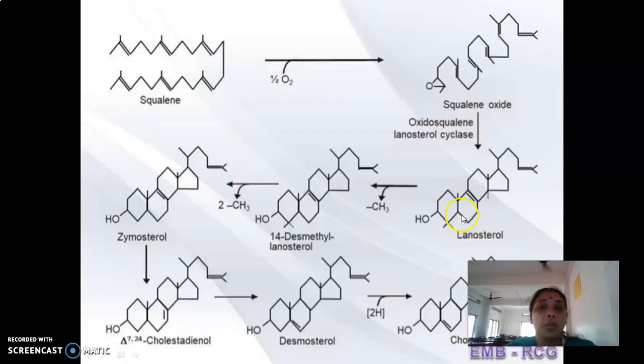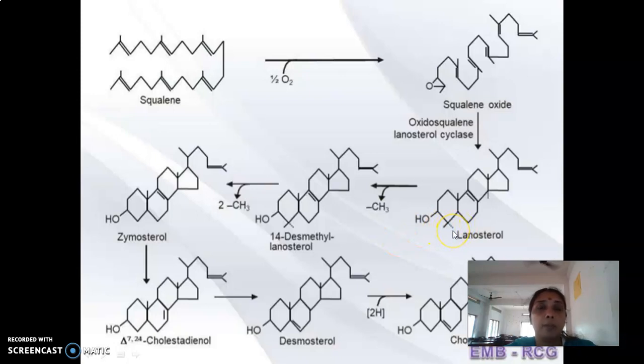The double bond should be between the fifth and sixth positions, but it is now between the eighth and the ninth positions. And it is actually a 30 carbon compound. You need only 27 carbon atoms. So there are many additional groups, the two CH3 groups here. All of these have to be removed.